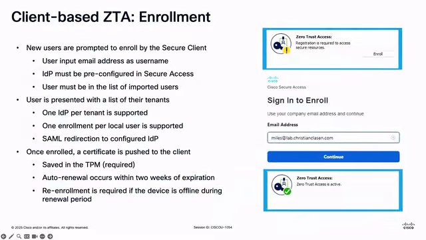There is a one-time enrollment process that the user would have to do by simply clicking on an enroll button that you see here, entering in their credentials, and once they enter their credentials and become authenticated, they will have access to that application, and they'll have a banner that you see at the very bottom that will pop up letting them know that ZTA or Zero Trust Access is active.